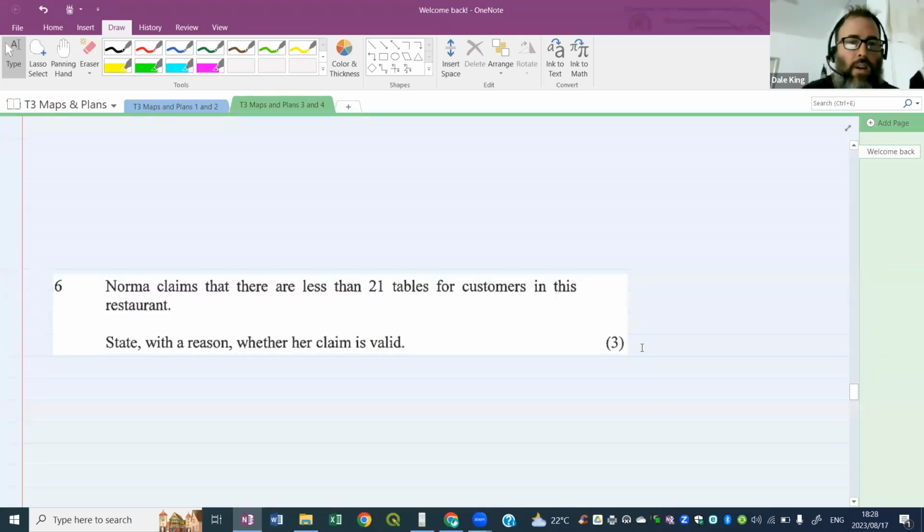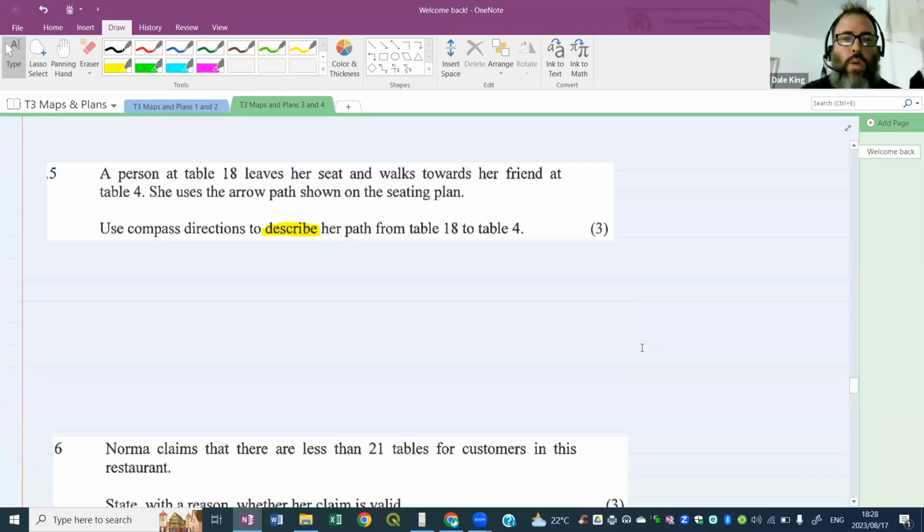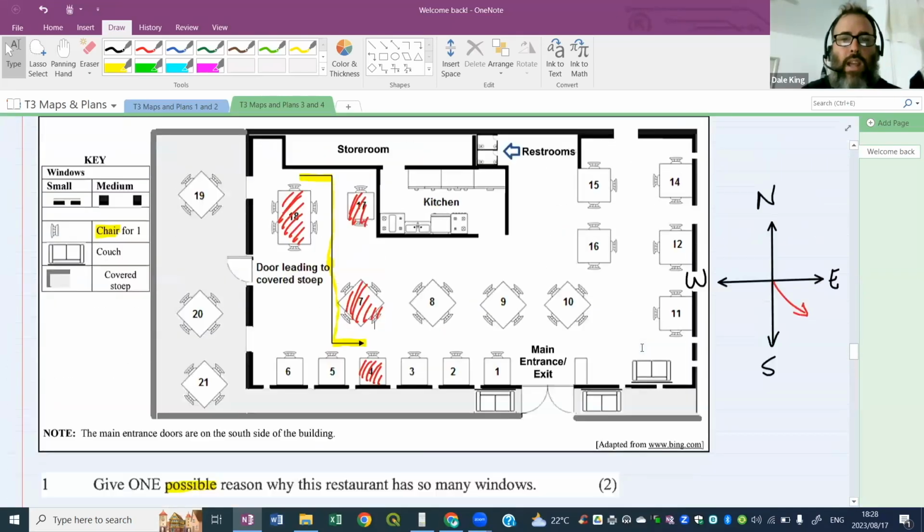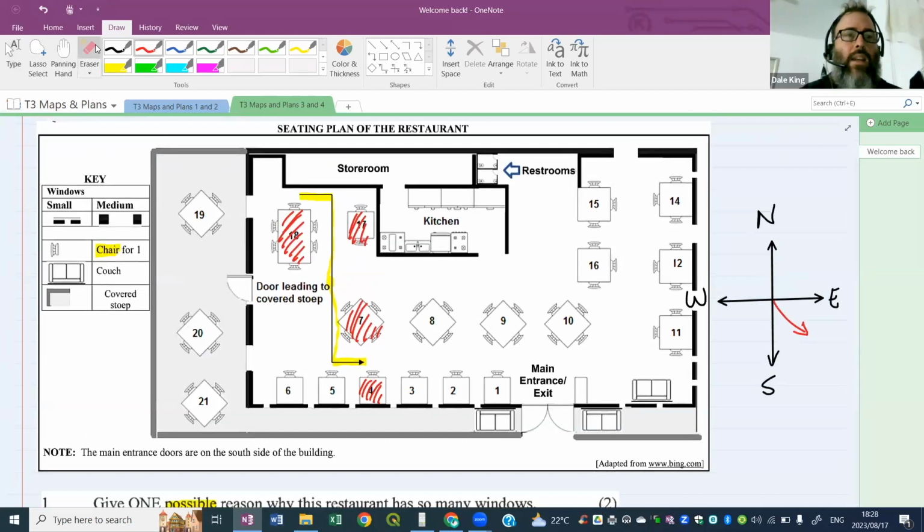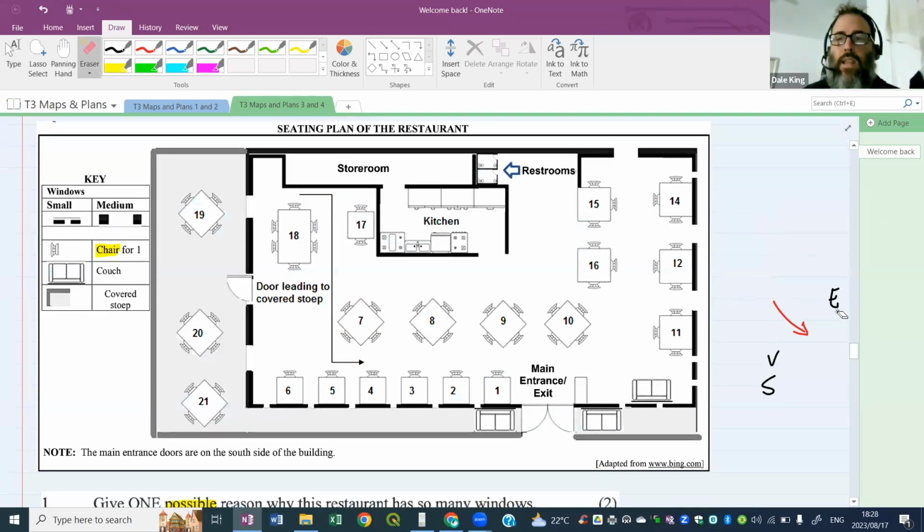Norma claims that there are less than 21 tables for customers in this restaurant. State with a reason whether her claim is valid. Are there less than 21 tables in this restaurant? Who would like to answer that one?